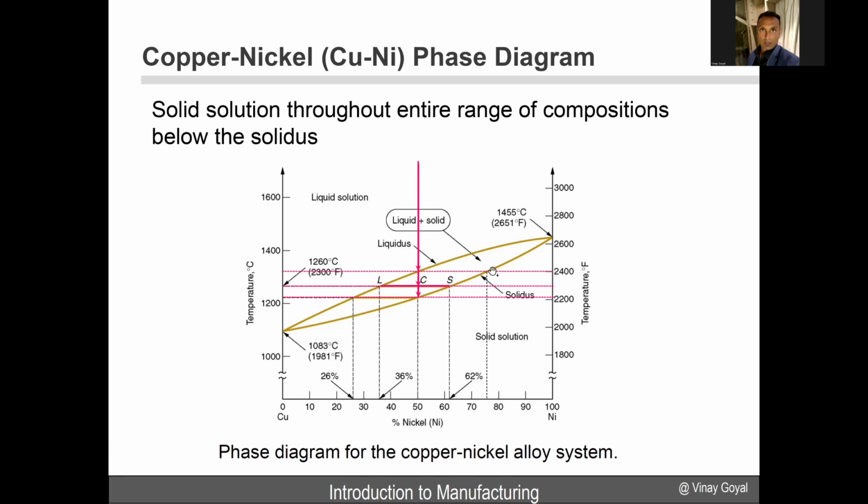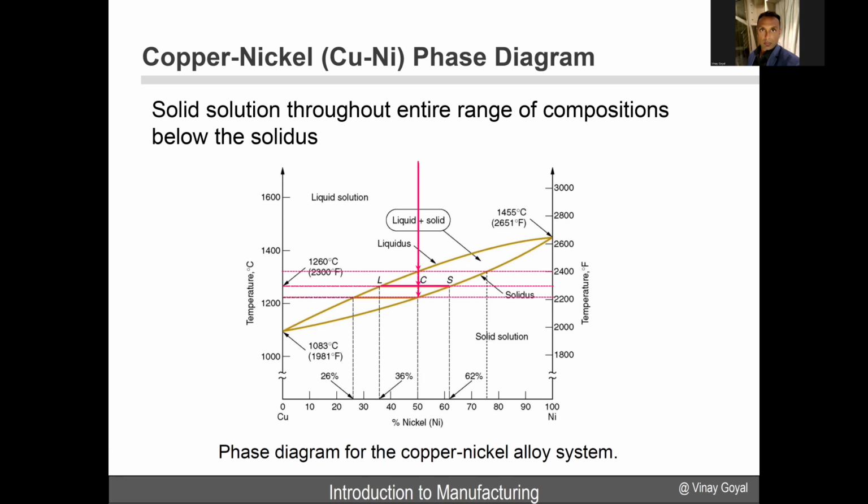So this zone here is a solid solution. Here at the top, you have a liquid solution. Somewhere in between, you can have a liquid plus solid solution, and that will be required to determine the phase in the system.